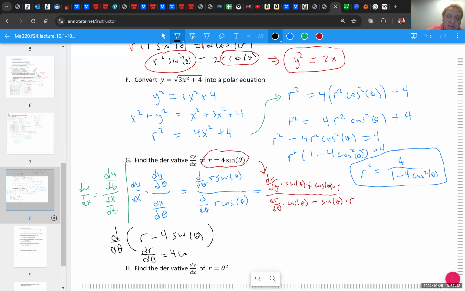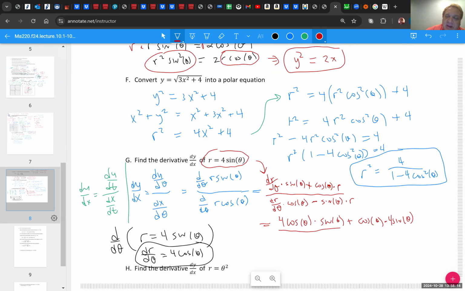I just get 4 cosine theta. So this is what my dr/d theta is. I already know what my r is, so I'm going to write this out. dr/d theta, that's the 4 cosine theta times sine theta plus cosine theta times r, and r is 4 sine theta.